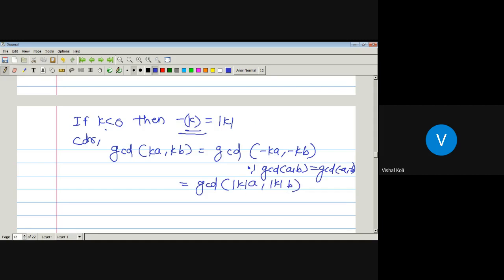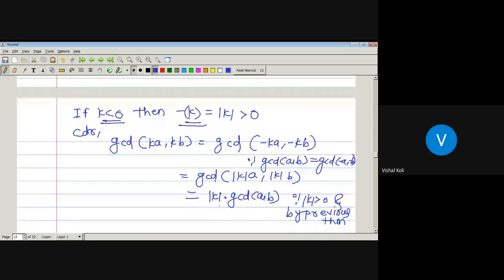But we know that modulus of k is greater than 0, since k is less than 0. As modulus of k is greater than 0, GCD of modulus of k times a comma modulus of k times b is nothing but modulus of k times GCD of a, b, by the previous theorem, whenever there is an integer greater than 0.